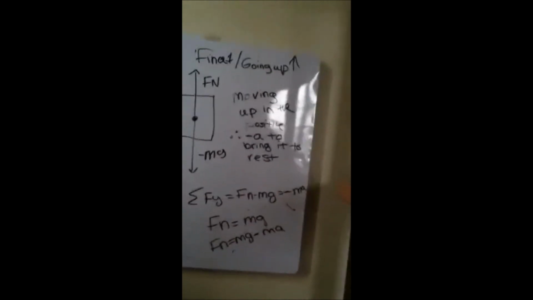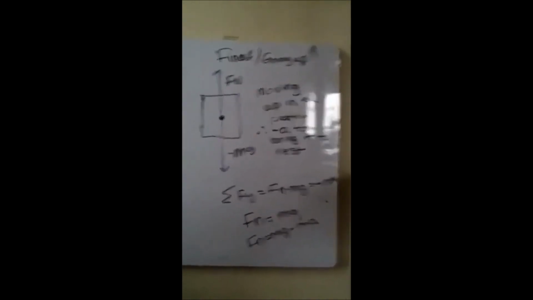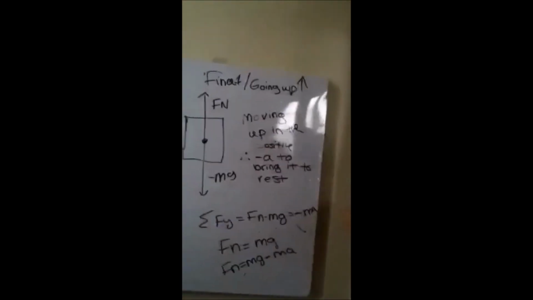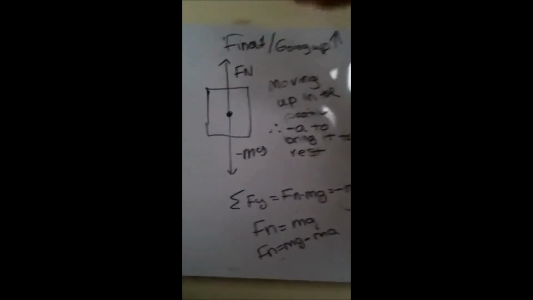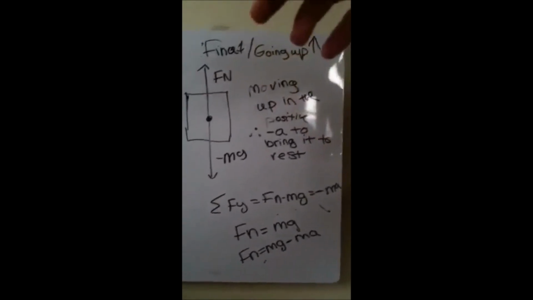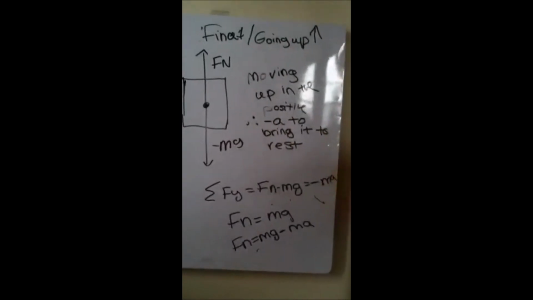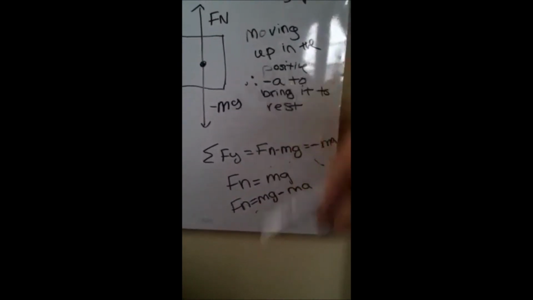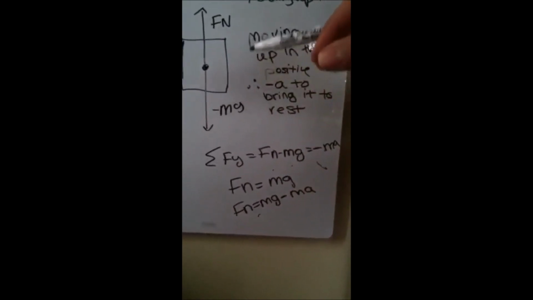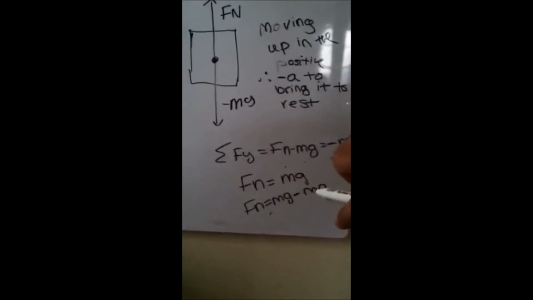Alright, so this is the final part of the motion in the elevator. Previously it was moving in the positive direction upward, so to bring it to rest, the acceleration would have to be negative, and if the acceleration is negative, then if you look at our sum of the forces equation, you can see that the Fn is going to be less than the Fn if the elevator was at rest, because you subtract mg minus mass times acceleration.